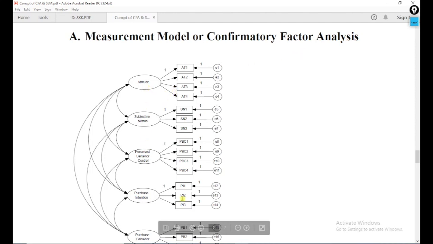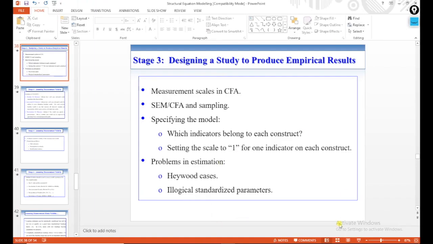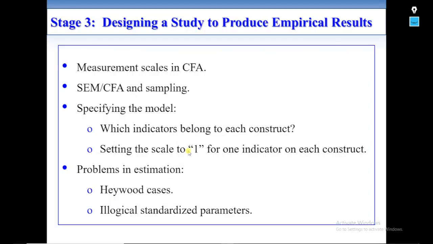There are 5 constructs. So here the measurement scale is the theory of planned behavior in CFA, confirmatory factor analysis. And what should be the sample size in CFA and SEM? So basically sample size depends on the number of indicators.